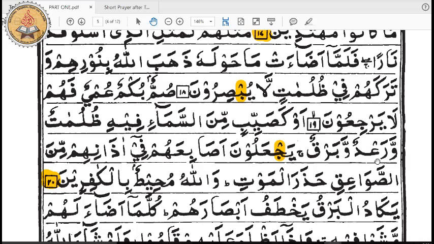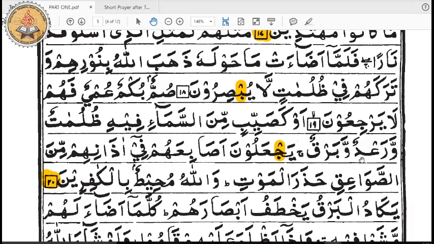Then move on to this one. Now same over here, when you join the dal to the waw, dunwa. Much better. Make sure you don't say dunwa as if they're separate, they're together.